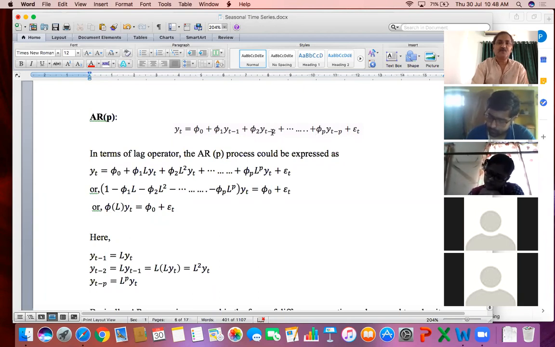You know how to solve it in linear algebra, but the complication appears because of the presence of epsilon. You are familiar with the difference equation without epsilon. Hopefully in your undergraduate syllabus you had up to second order difference equations, first order linear and second order. So you know how to solve a second order difference equation.